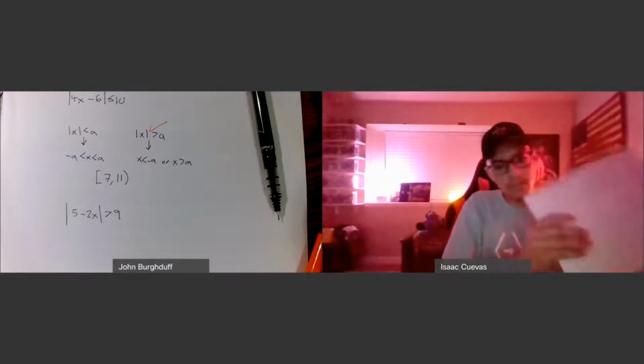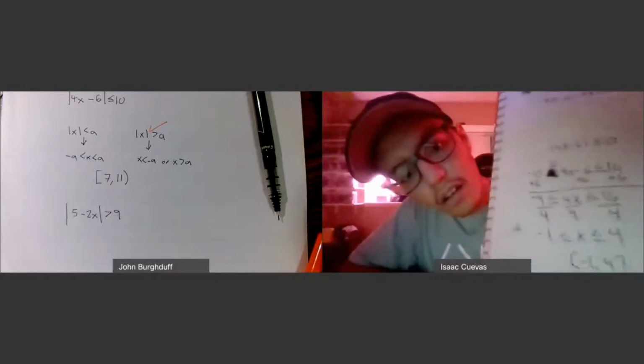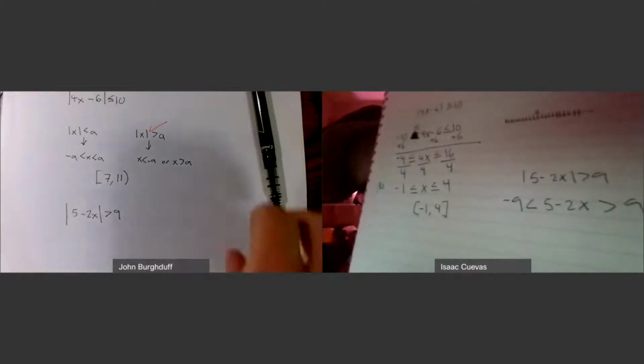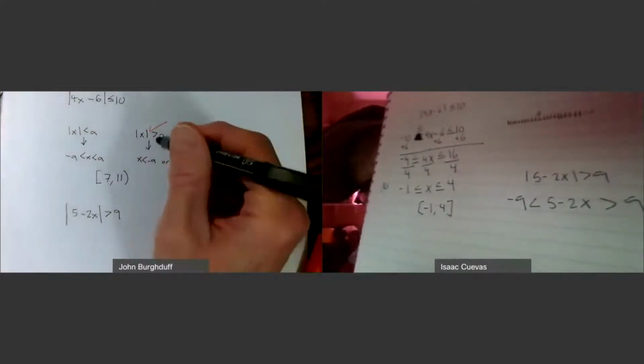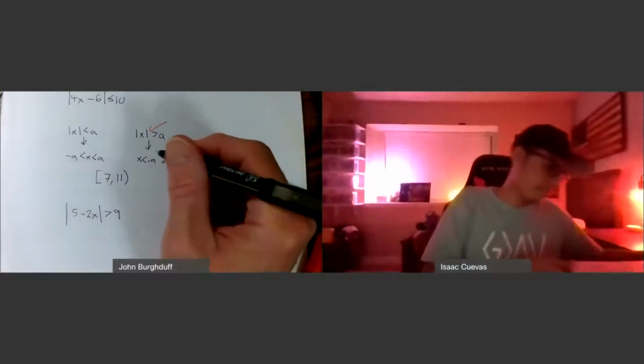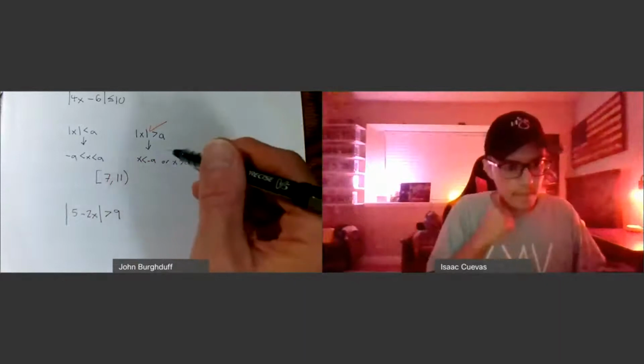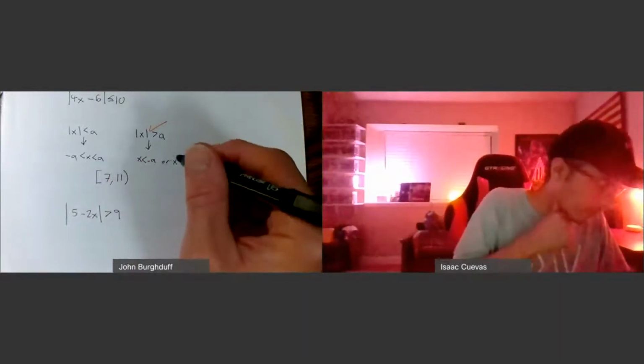So you set it that way, right? Can you move it up a little bit? No, you're going to have to write this as two separate inequalities. If you write it the way you're writing it, with the absolute values going in different directions, it's going to really get weird.